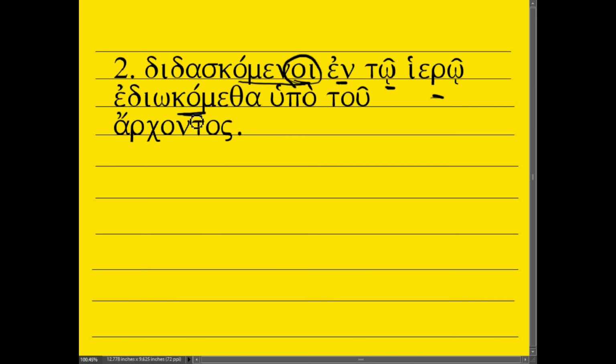This is the imperfect passive, we were being persecuted, hupo tou archontos, by the ruler. So while we were being taught, modifying we, the subject of the sentence here, while we were being taught in the temple, we were being persecuted by the ruler.